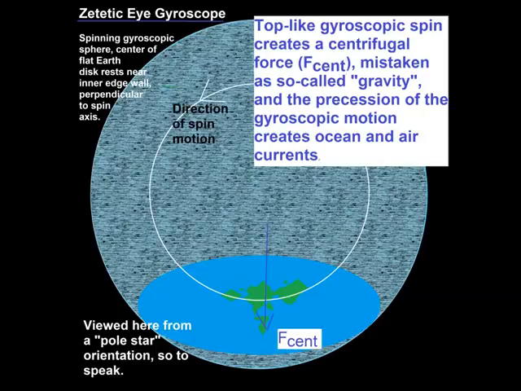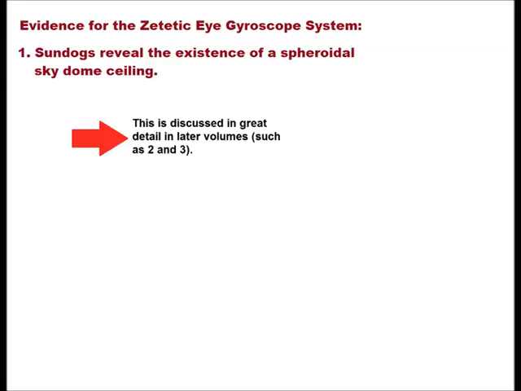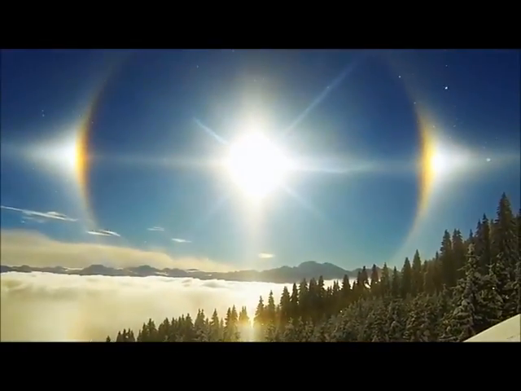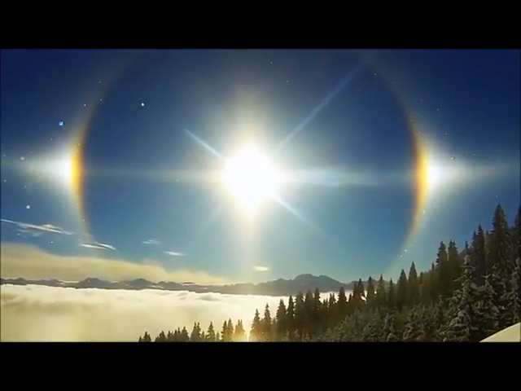Firstly, as is discussed in great detail in some of the later volumes of this documentary series, it can be empirically verified that sundogs and moondogs are reflections off a spherical sky dome ceiling. These light reflections can only occur if the sky dome is smooth and perfectly spherical. So that much is known about the sky dome ceiling, and that one exists in the first place.